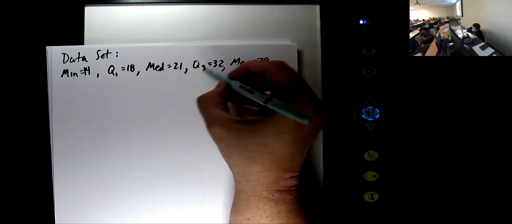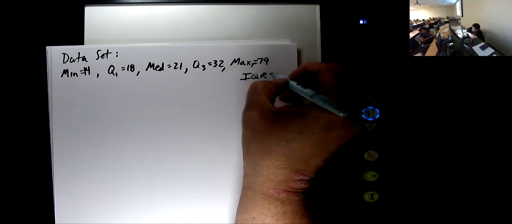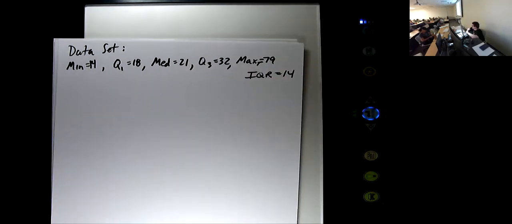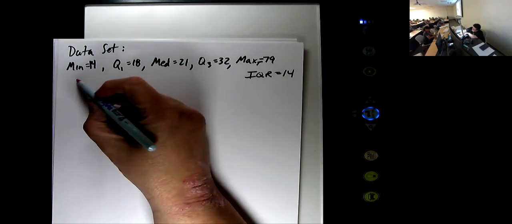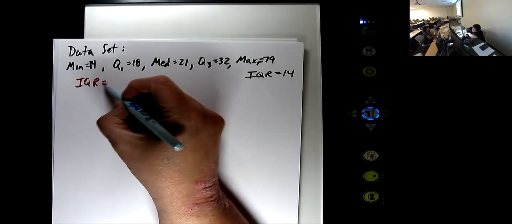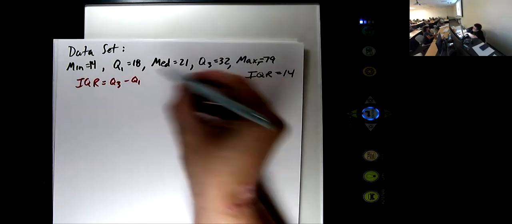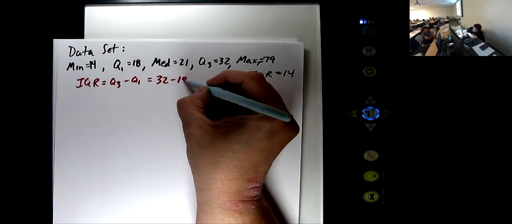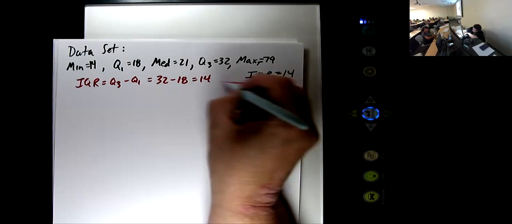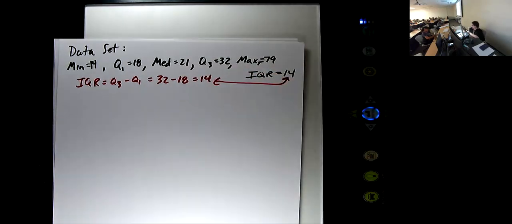And then we had IQR, which is listed as 14. Notice I said IQR is Q3 minus Q1. 32 minus 18 is 14, which is what the computer gave us.